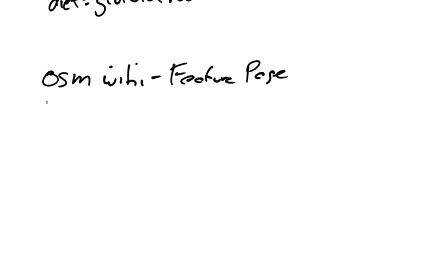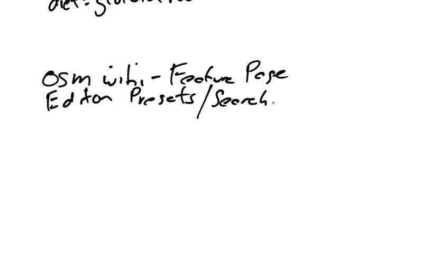Usually your editor will come with presets, and or it'll come with a search system. And generally you should use your editor presets or search. You don't have to remember all these keys or memorize them.